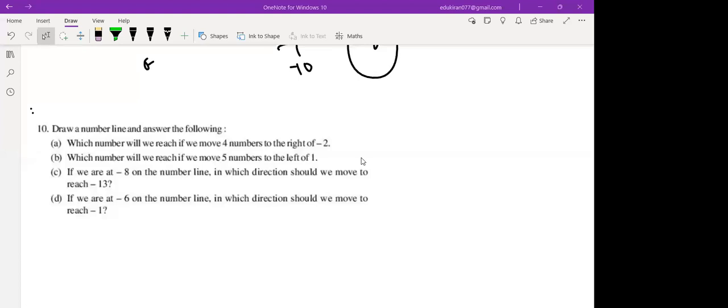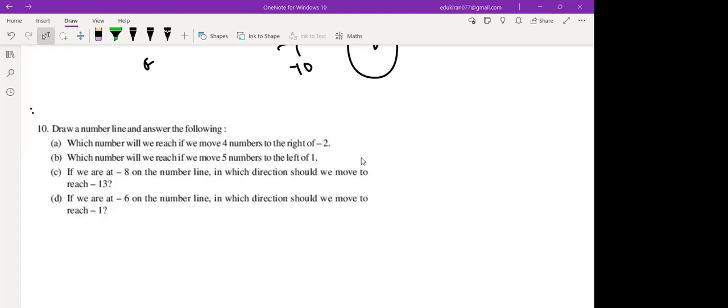Anyone who has a question? Yes. Okay, tell me the first one. Ma'am, first one is: which number will be reached if we move 4 numbers to the right of minus 2? Ma'am, plus 2. Yes, correct. Everybody? Yes, ma'am. Second one: which number will you reach if you move 5 numbers to the left of 1? Ma'am, you'll reach minus 4.